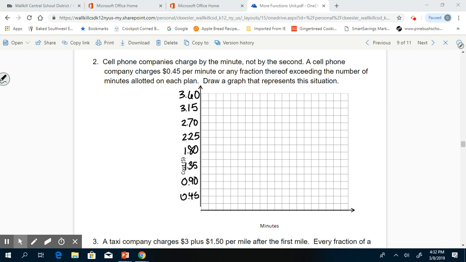Then on the bottom, I'm going to do 1, 2, 3, 4, 5, 6, 7, 8, 9, and 10.